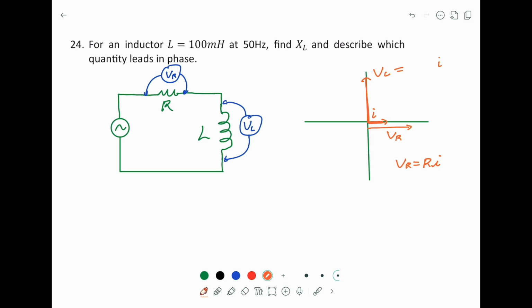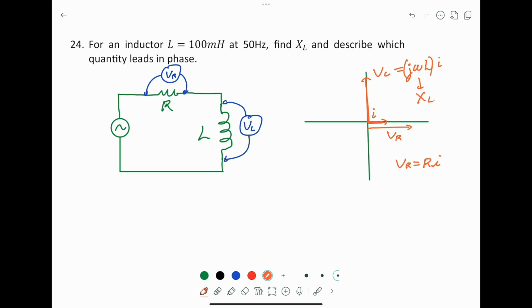The proportional constant this time is omega L, and we put the j here to represent the 90 degrees, and we call this XL.